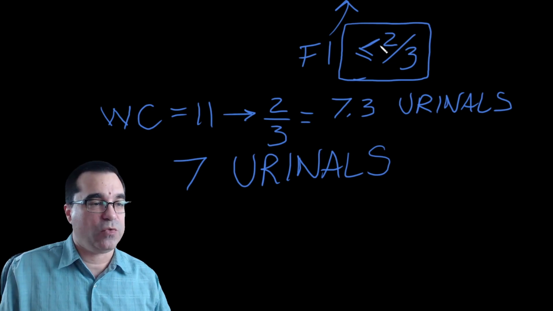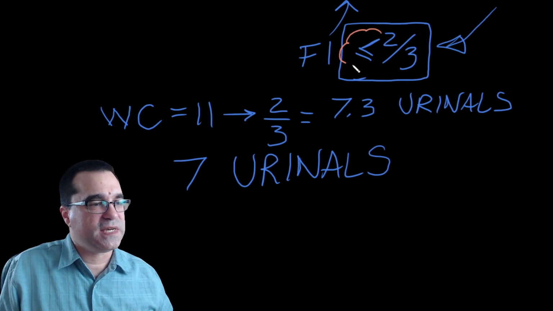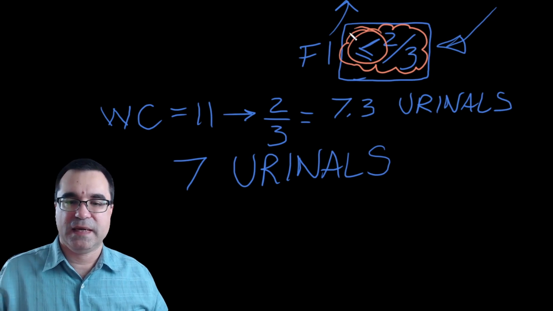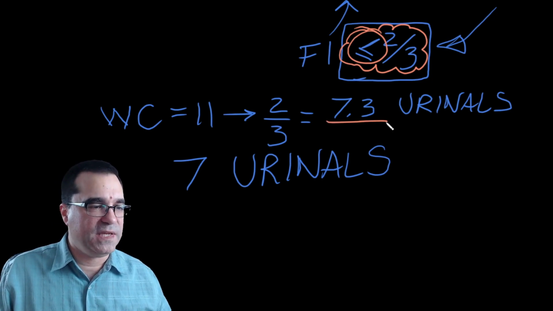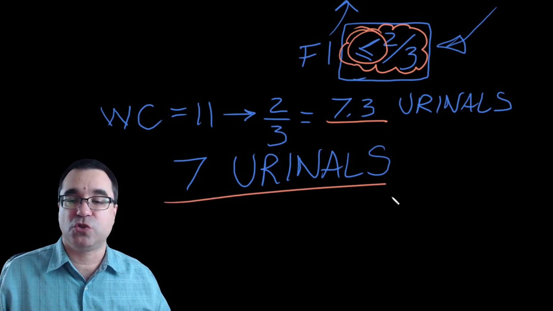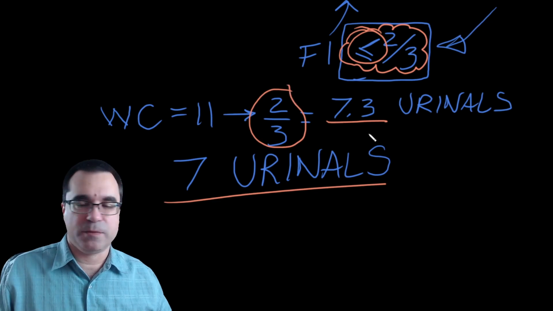It's because of what the building code says here. You see this here where it says up to 2/3? That means that the most this number can be is 2/3. We found 2/3 to be 7.3.